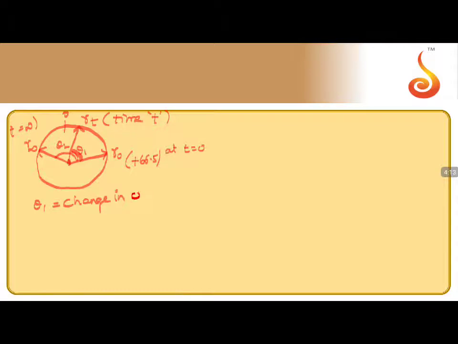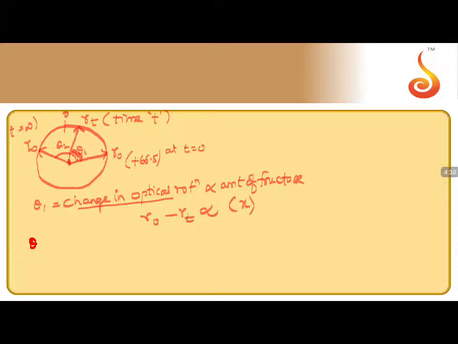Change in optical rotation is directly proportional to the amount of fructose formed, which can be taken as x. What is the change we have? R naught minus Rt is directly proportional to x.